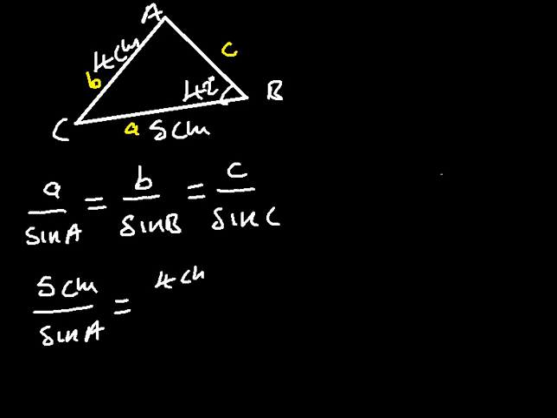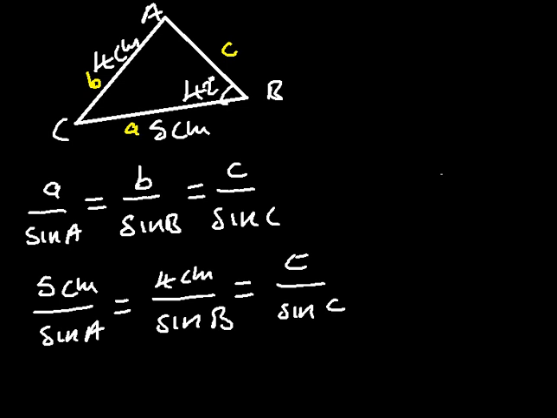We have it as 4 centimeter, divided by the sine of angle B, which is equal to, side C is not yet there, so just leave it that way, divided by the sine of angle C, which is not there.